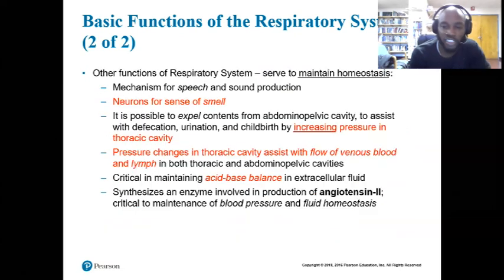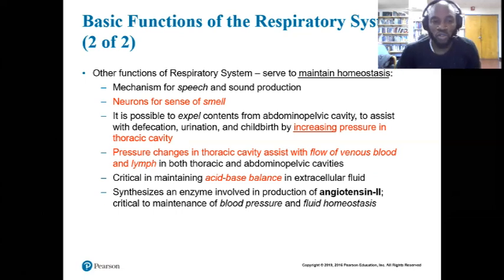There are other functions of the respiratory system, as I also spoke to you about. Speech, what I'm doing right now, being able to talk to you, is a function of the respiratory system. And if you've ever known somebody who had difficulty speaking, you know that it can cause some severe challenges in life.